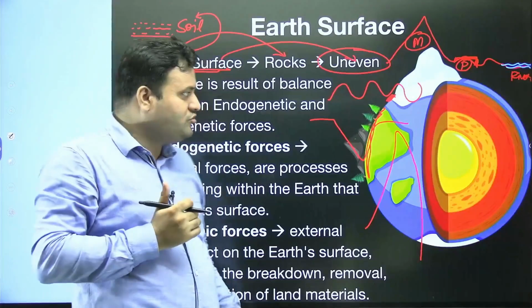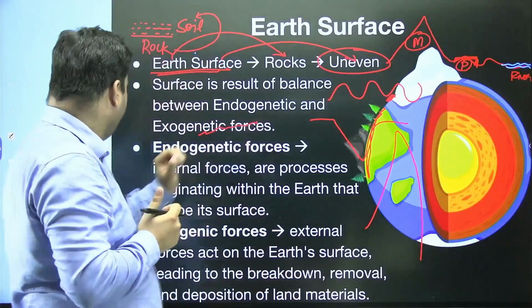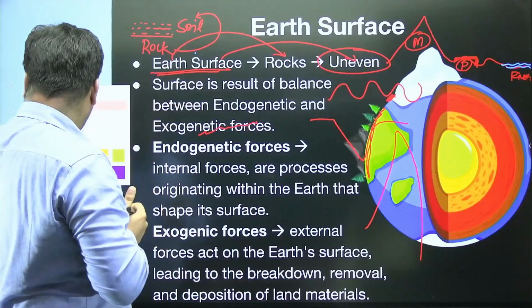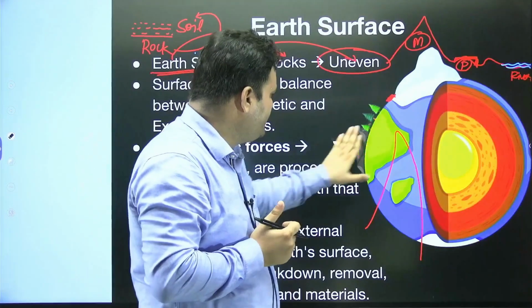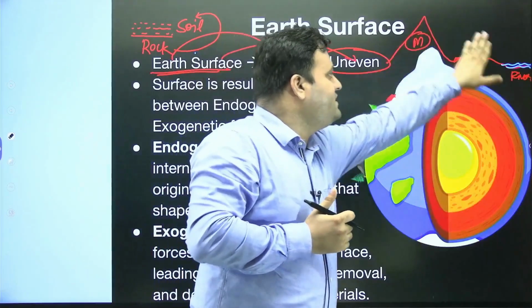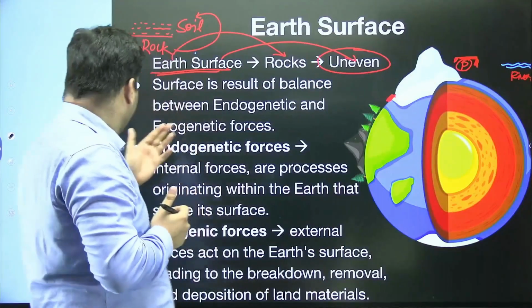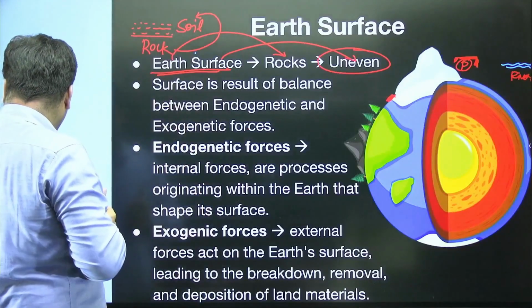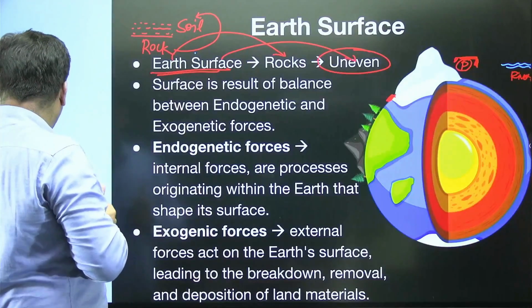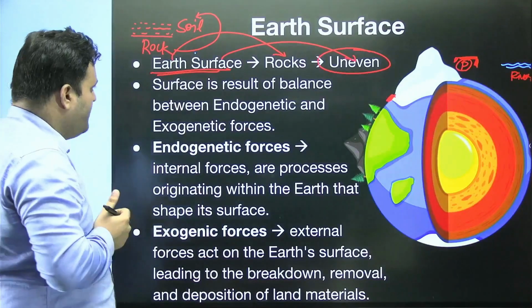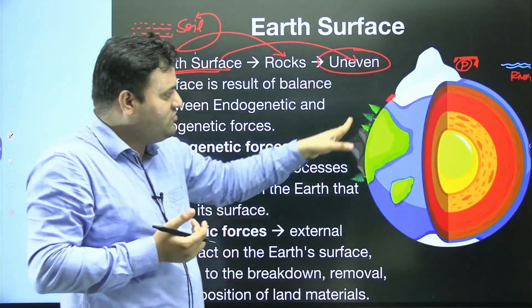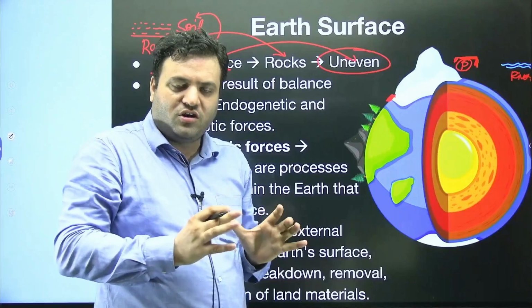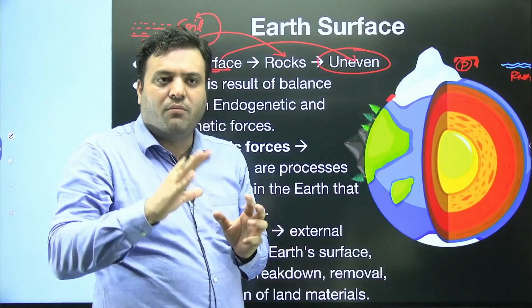So when it comes to this particular part of our surface, why is there an unevenness in the surface? When we discuss the nature of this topography, in geography, we study the topography.